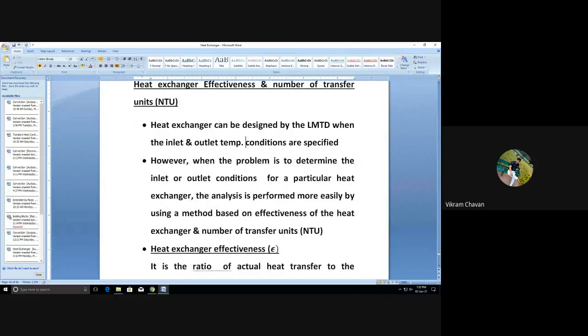But when the problem is to determine the inlet and outlet temperature conditions, the analysis of a particular heat exchanger is performed more easily by using a method based on the effectiveness of the heat exchanger and number of transfer units.